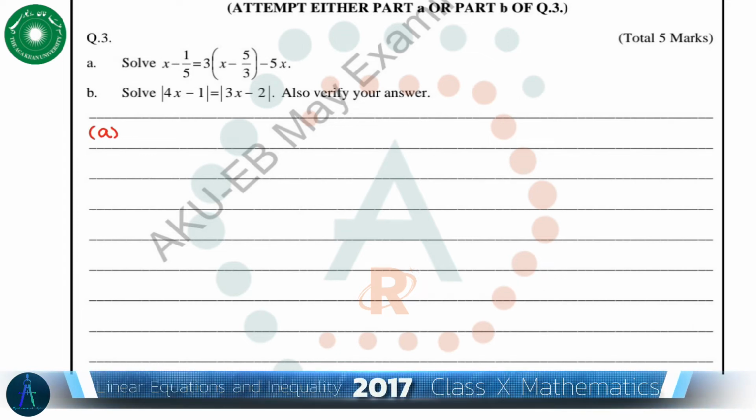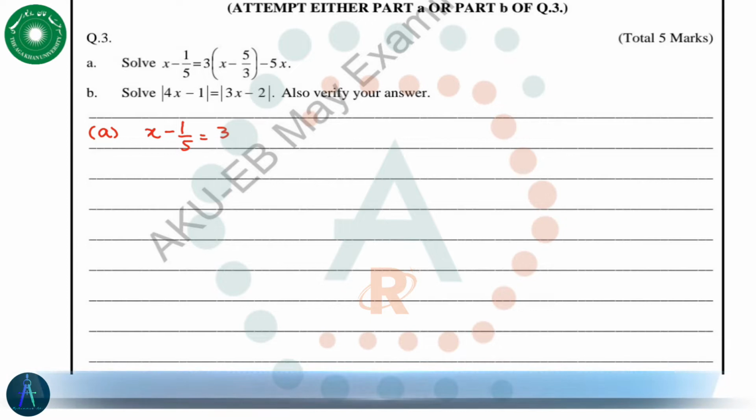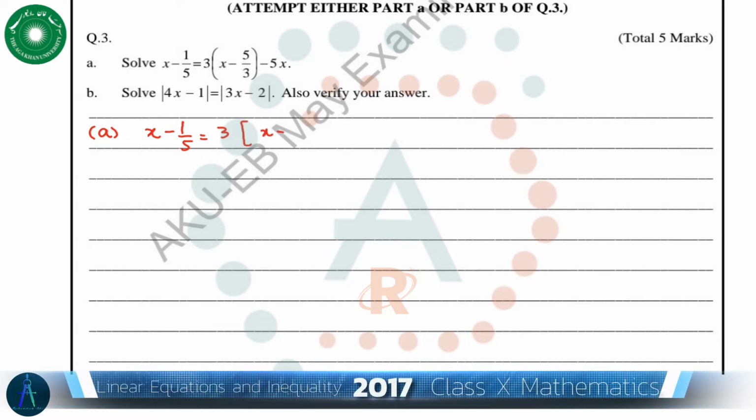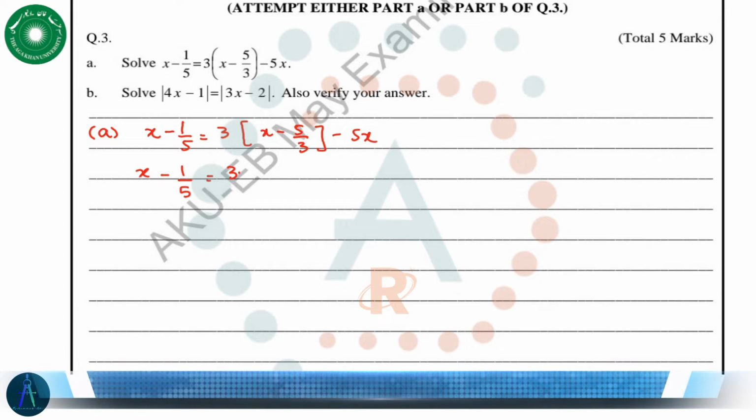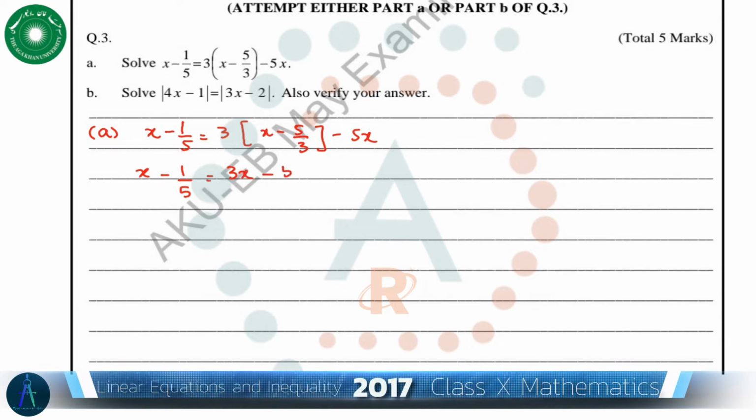So in part A we have got a linear equation (x minus 1)/5 equals 3 into (x minus 5)/3 minus 5x. Let's leave the left hand side as it is and on the right hand side, multiply 3 into the bracket, so we'll get 3x minus 5 minus 5x.